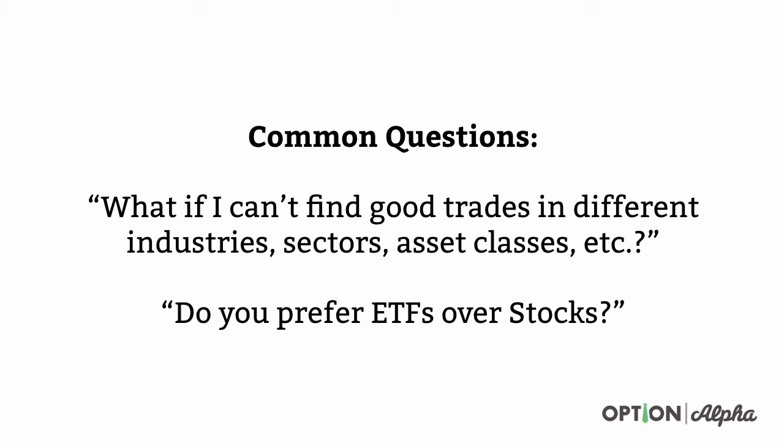So our response to this question is that you still have to target whatever has the highest implied volatility. And if, let's say, that sector right now is financials, and only the financial sector has high implied volatility, then what you want to do is diversify within financials as much as possible, okay? Because you still have to trade short premium. That's still our edge.